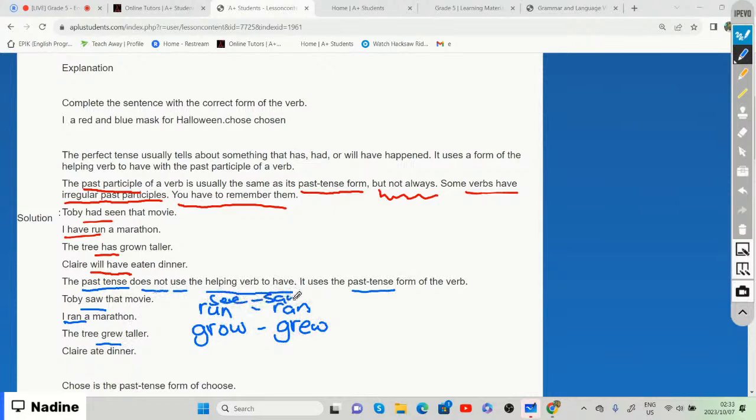And then Claire ate dinner. Our present form is eat, and our past form is ate. So that is basically the past tense form of the verb. It does not use the helping verb to have.